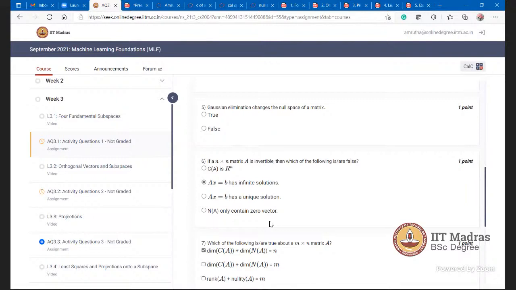That's a unique value, I guess. Is it a correct assessment? Yes, because we do not have free variables. We have only the pivots. Free means we are free to select any values. So if they are not there, then obviously the others will take just one value. Right? Okay, thank you.